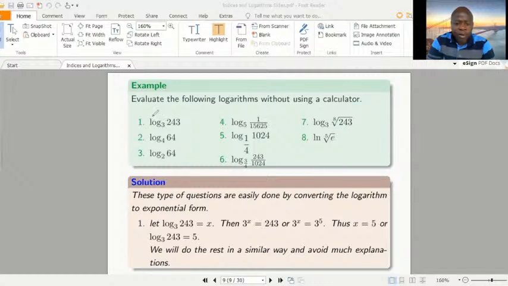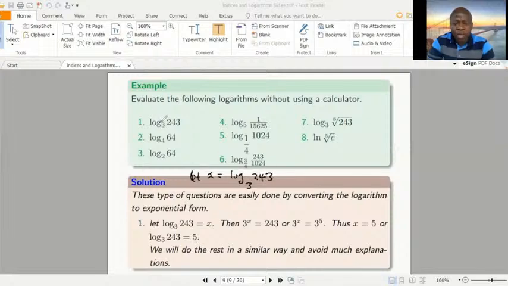So for example, if I wanted to do this question, or I've already done it here, you can follow. I want to find what this is. I will do it the way we were taught at lower level, that we let it be an unknown. So we let x be the log of 243 to base 3.